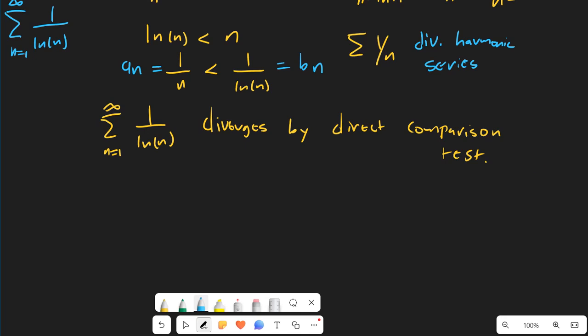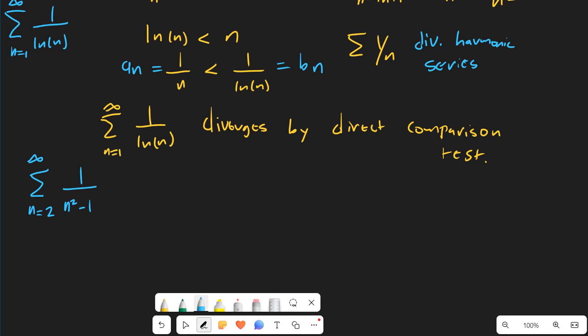Because, for example, if you were to look at the series from n equals 2, let's say that we start at 2 and this goes to infinity, and this is 1 over n squared minus 1.